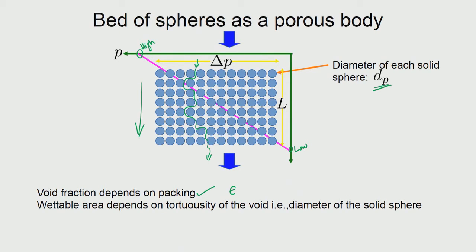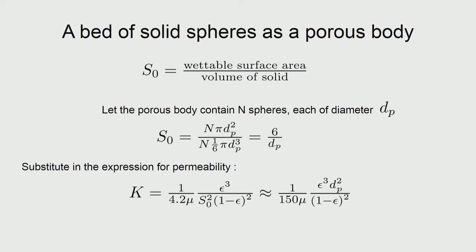Okay, but once the particle diameter is fixed, then the wettable area is also getting fixed, and that is basically here. You can see that the wettable area is a product of S naught and volume of solid, and we can see that if there are n spheres, then n into the surface area of the sphere, that is the numerator, and n into the volume of the solid, that is the denominator.